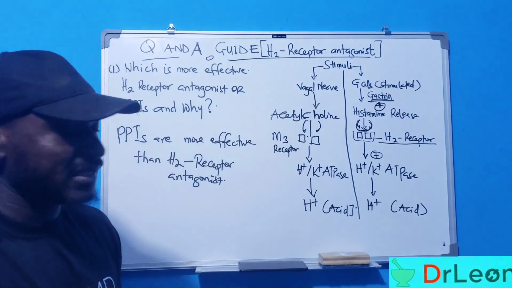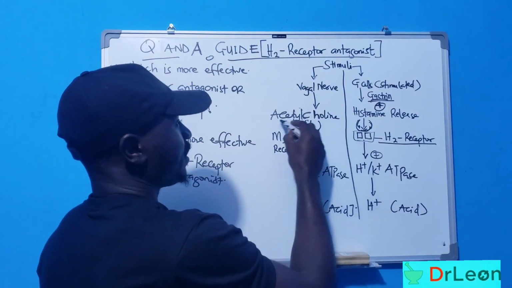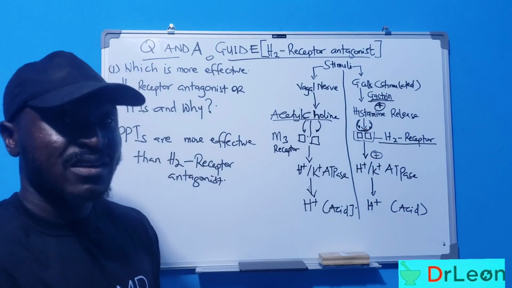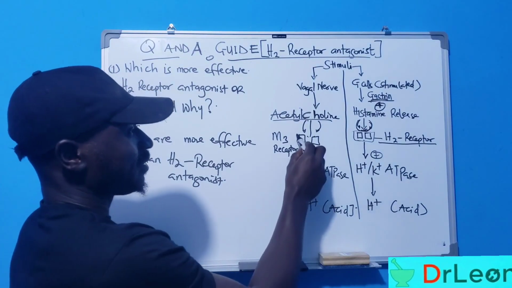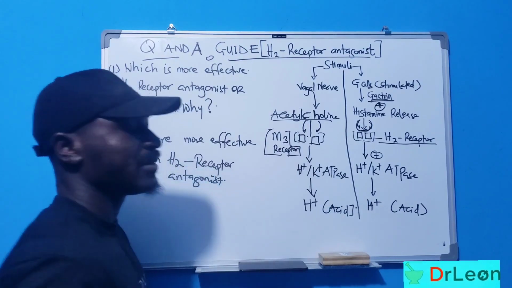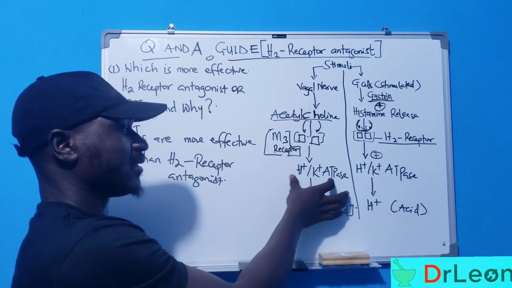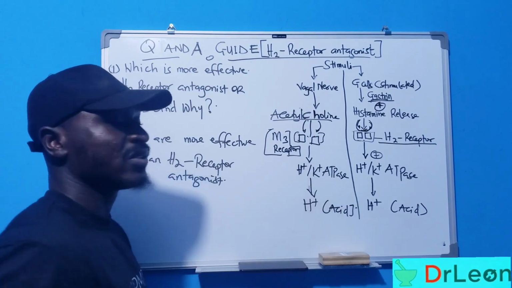It's a neurotransmitter. And when the acetylcholine is produced, it also comes and sits on its receptor, here, the M3 receptor. And then it can also stimulate the proton pump to produce acid.